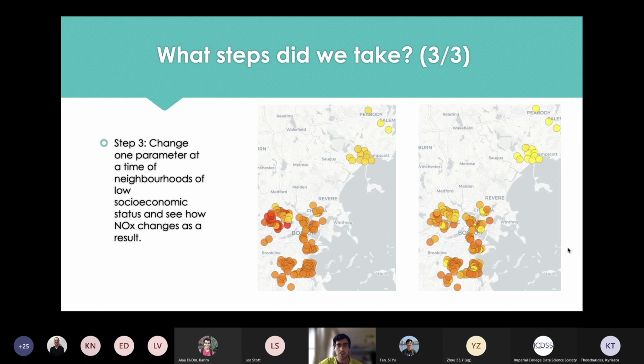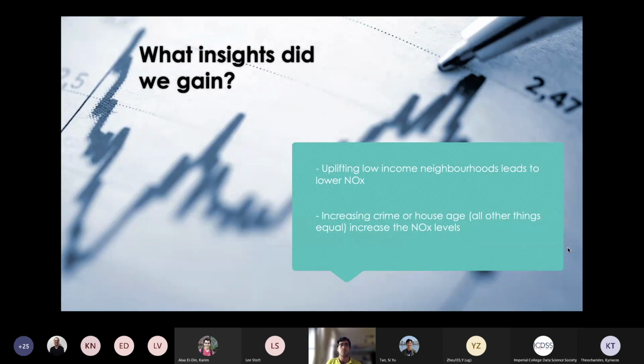Next slide, please. So the insights that we gained were that uplifting low-income neighborhoods do lead to lower NOx levels, and that increasing crime or house age, all other things equal, increased NOx levels.